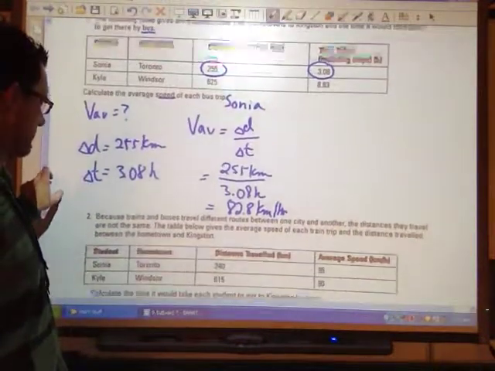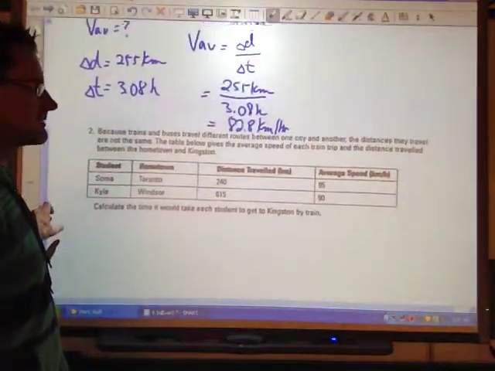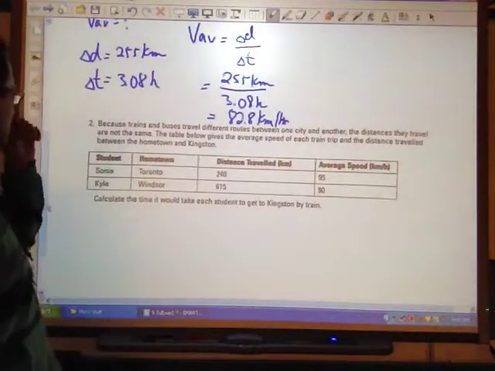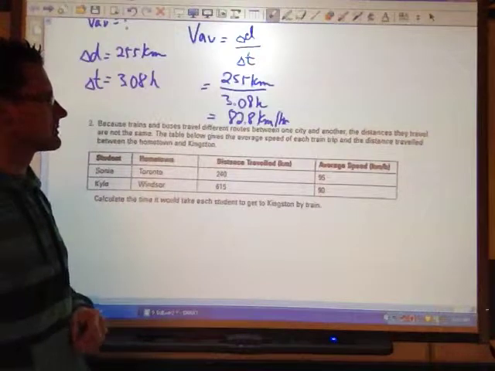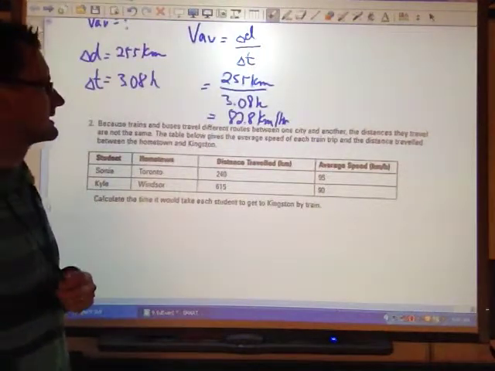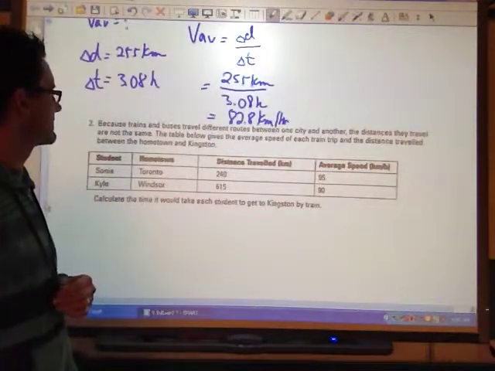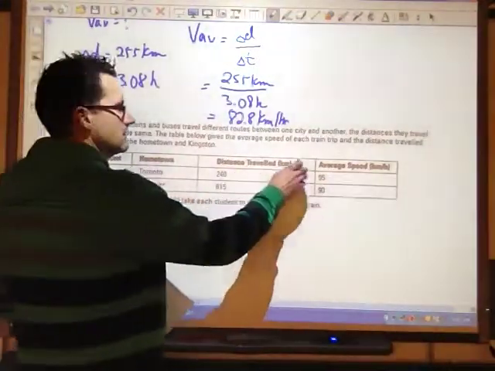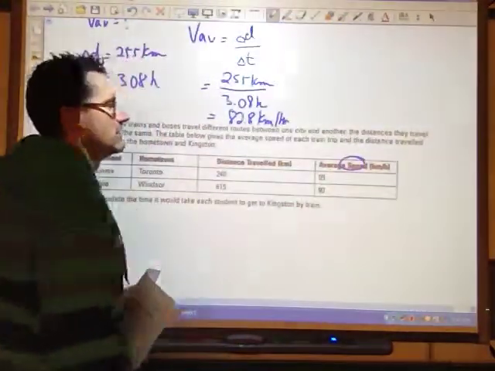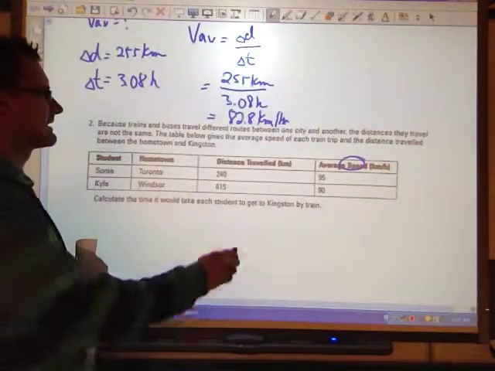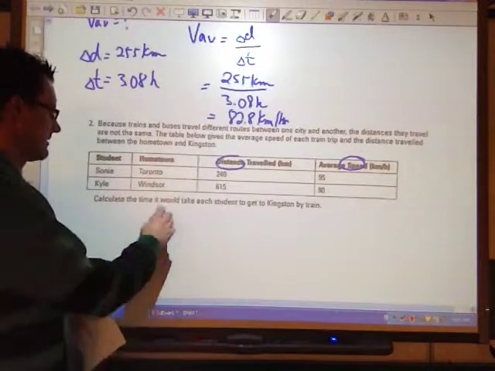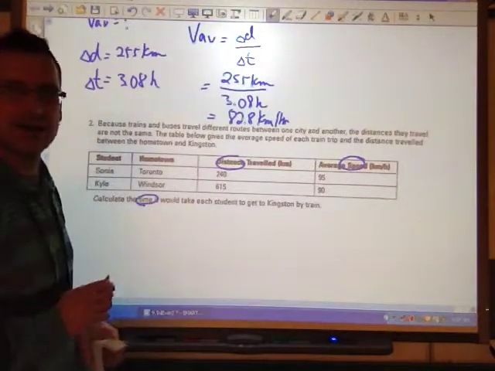If we look at the second question, somewhat similar information, but we're asked to find something different in this one. Because trains and buses travel different routes between one city and another, the distances they travel are not the same. The table below gives the average speed of each train trip and the distance traveled. And here the question is, calculate the time it would take.